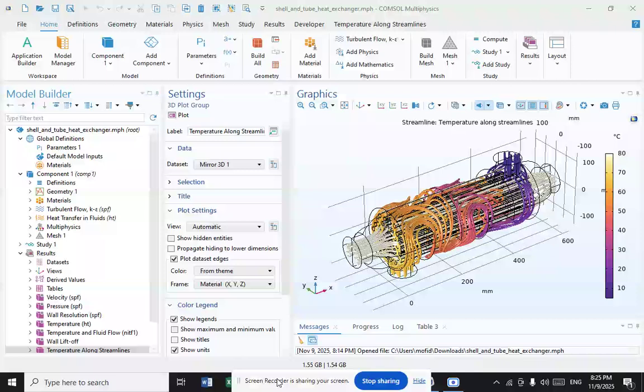But inside the shell side, baffles are used to support the tubes, direct the fluid flow to the tubes in an approximately natural manner, and maximize the turbulence of the shell fluid. There are many various kinds of baffles, and the choice of baffle form, spacing, and geometry depends on the allowable flow rate, the drop in shell side pressure, the need for tube support, and the flow-induced vibrations.